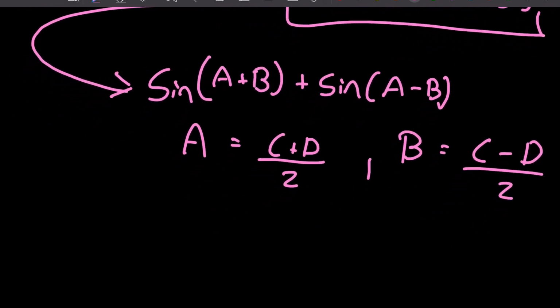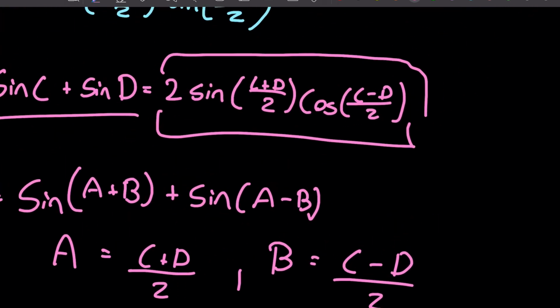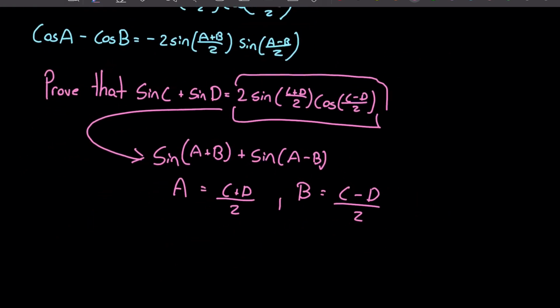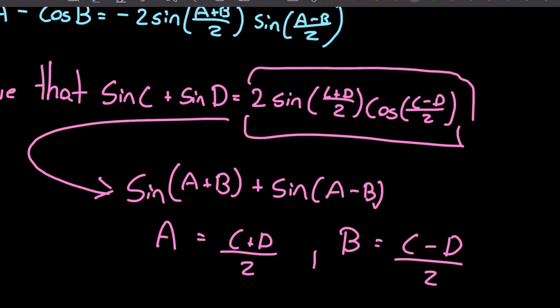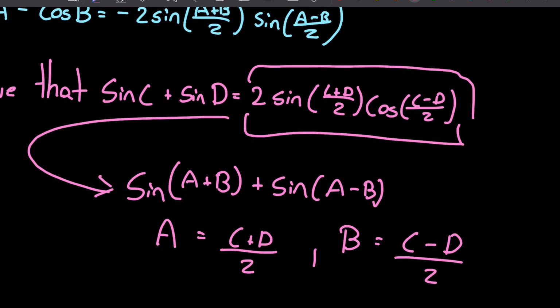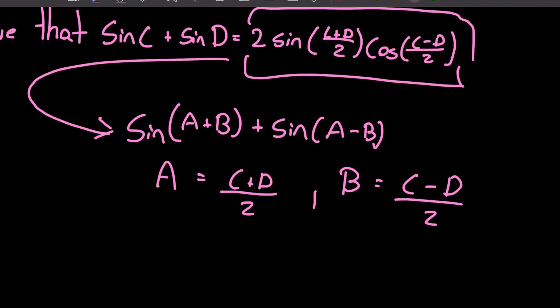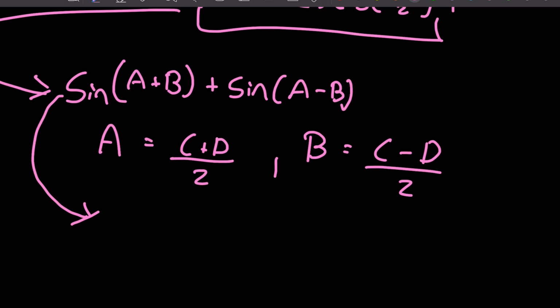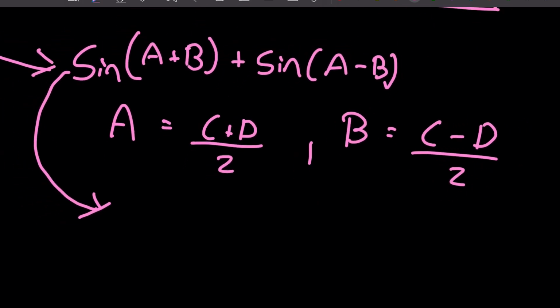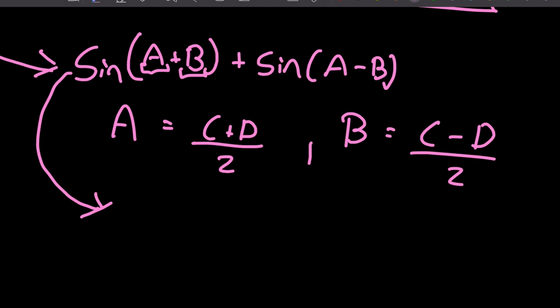Now you can just put it into the other form. We know that sine of A plus B plus sine of A minus B should be equal to 2 sine of (C plus D) over 2 times cos of (C minus D) over 2, right? So what if we just worked out this right here? We just found what A was and what B was. In this bracket, A is being added to B, so we're going to have sine of A, which is (C plus D) over 2, plus B, which is (C minus D) over 2.